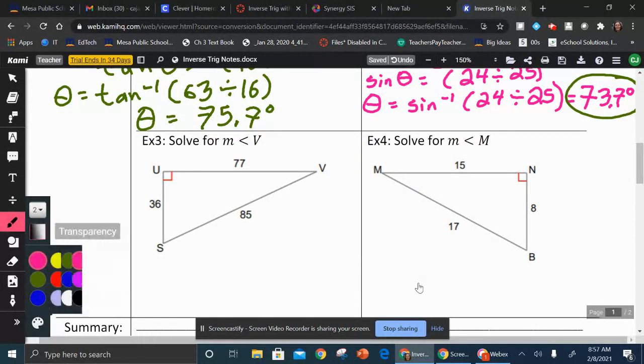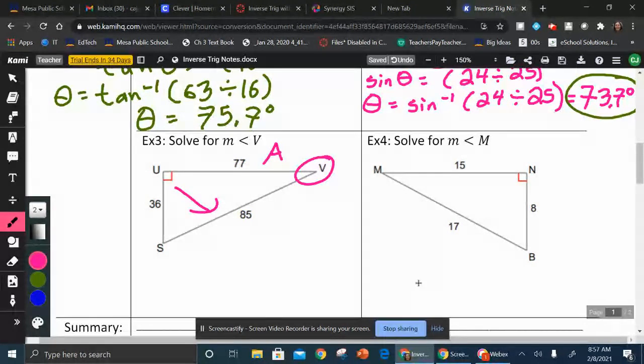It says solve for V. We're going to go ahead and label the sides: adjacent, opposite, hypotenuse. I'm going to use cosine. I could use any of them, I just choose to use cosine. So adjacent, 77, divided by hypotenuse.